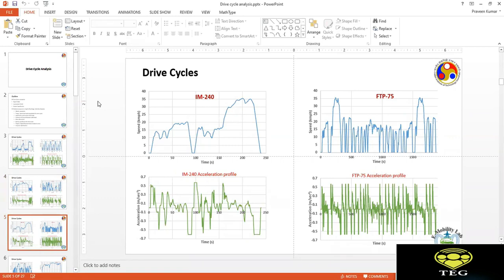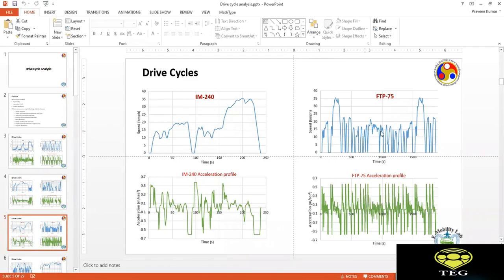Okay. Now, FTP75 is again a very interesting drive cycle. Here we don't have much of a constant driving speed, but the accelerations are not extreme. If you see the accelerations here, you hardly reach 0.6 meter per second square.